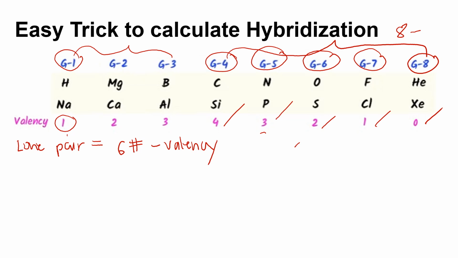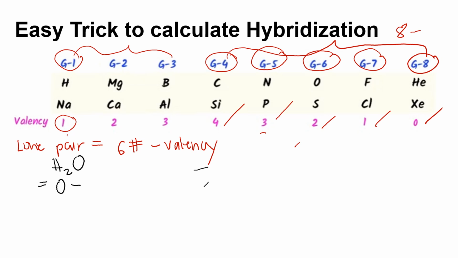So for example, we have water. What is the group number of oxygen? This is the group number of the central atom minus the valency of the other atoms.